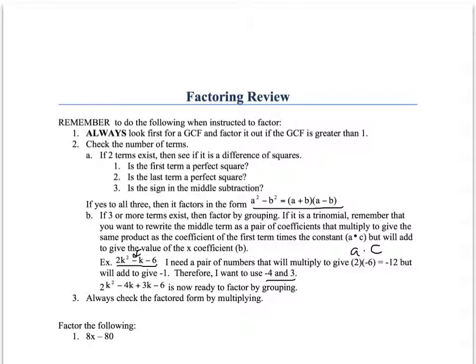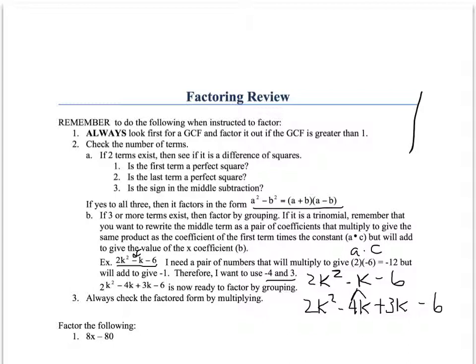Let me show you how this works out here to the side. If we take 2k squared minus k minus 6, and we have determined the pair we need to use is a negative 4 and a positive 3, we are going to rewrite the middle term as 2 terms. So we're going to have 2k squared minus 4k plus 3k minus 6.